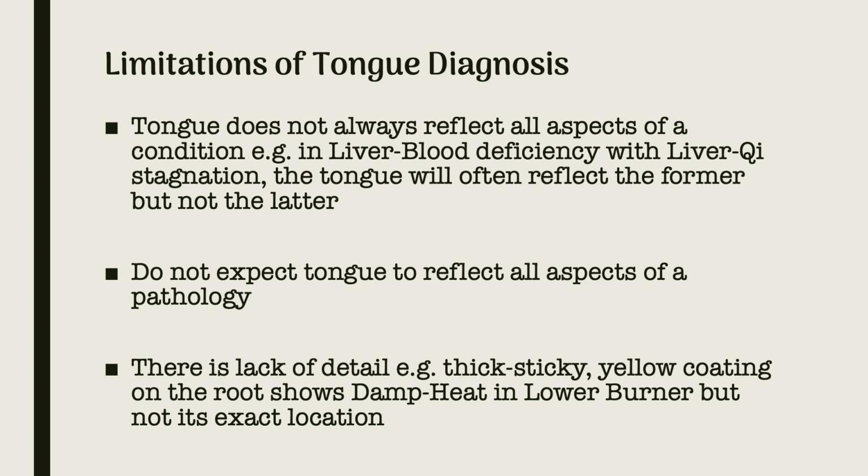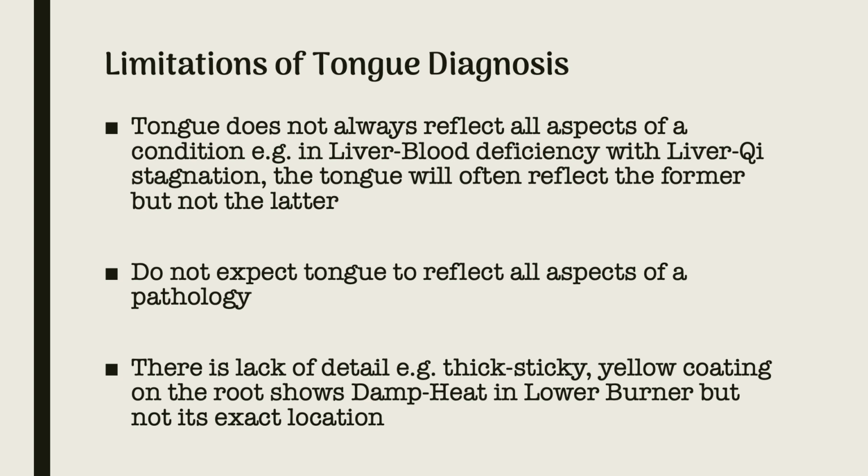What are the limitations of tongue diagnosis? The tongue does not always reflect all aspects of a condition. For example, in liver blood deficiency with liver qi stagnation, the tongue will often reflect liver blood deficiency but not liver qi stagnation.